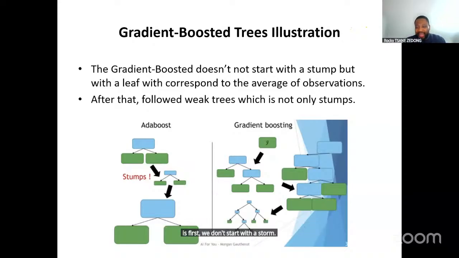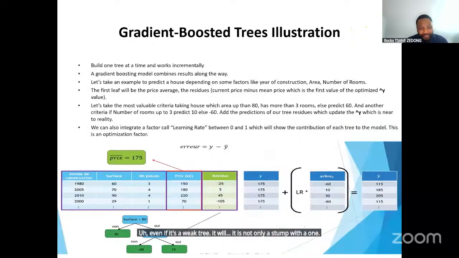We start with a leaf, which corresponds to the mean of our observations. We also have weak trees, but the tree is not only a stump with one depth.